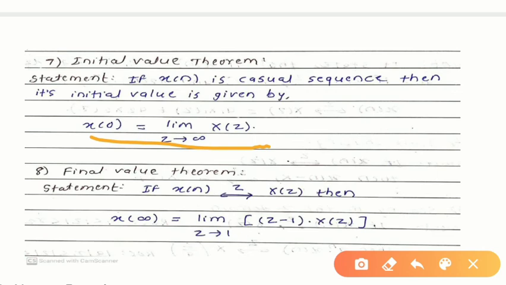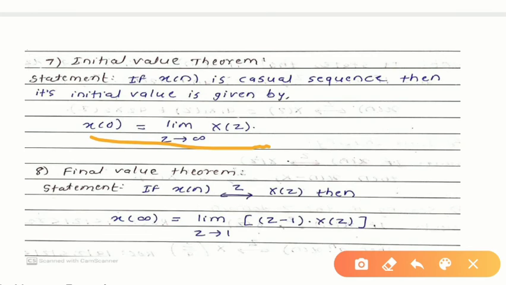So you have to find the limit of x of z for the initial value theorem. This is the statement.